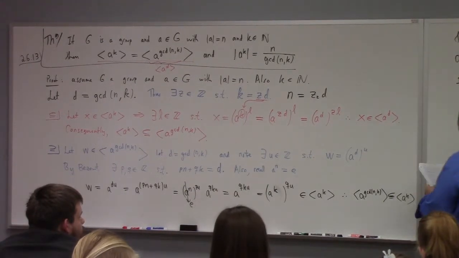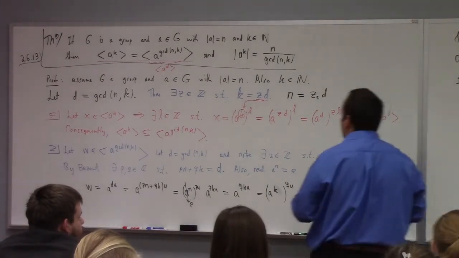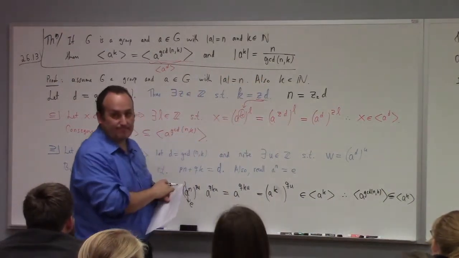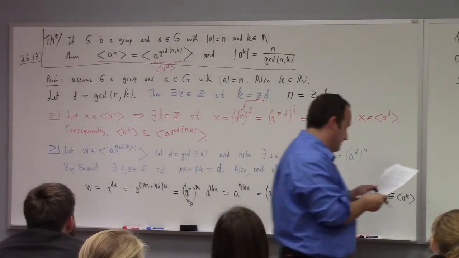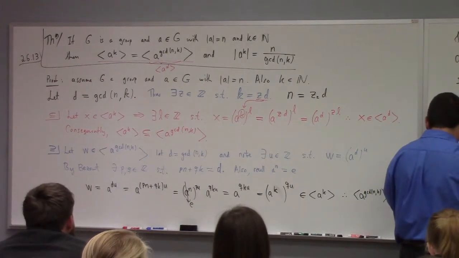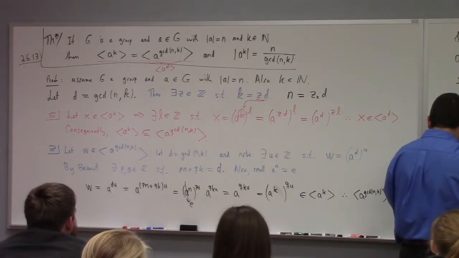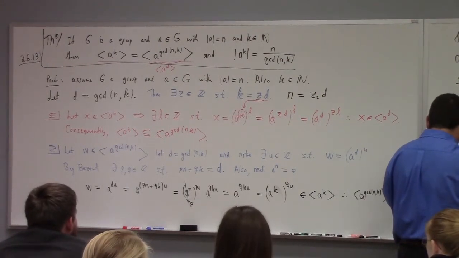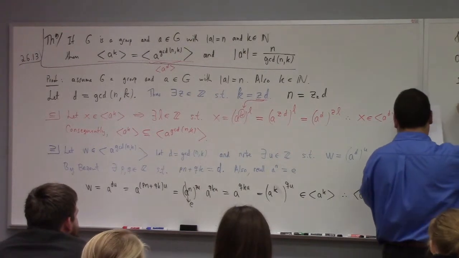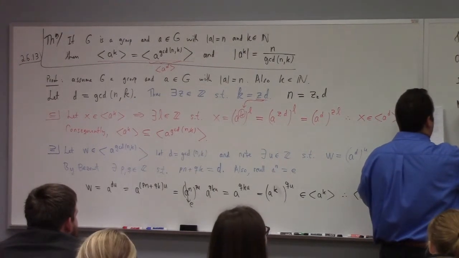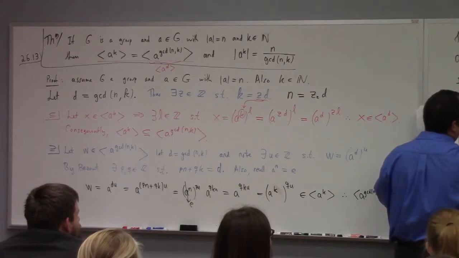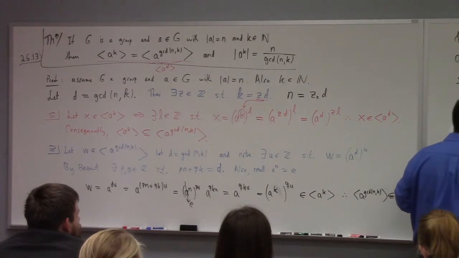Great. Still not what I want, right? I'm trying to get this. How am I going to get to that? Still don't have it. All right. Corollary 2.6.11 assures us that the order of an element is the same as the order of the cyclic subgroup it generates, right? So notice that the order of a to the d is equal to the order of a to the what?